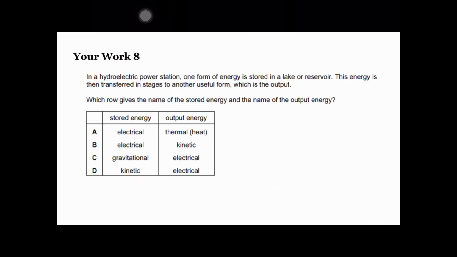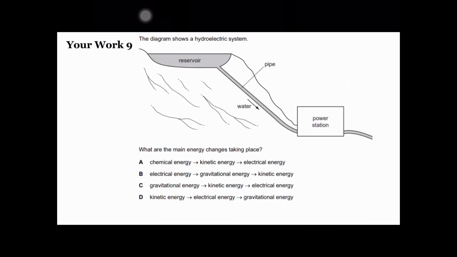Number 8 is a hydroelectric power station. Which row gives the name of the stored energy and the name of the output energy in this situation? And number 9, there's a diagram that you have to analyze, and then you have to find out the main energy changes taking place. So here are your questions.